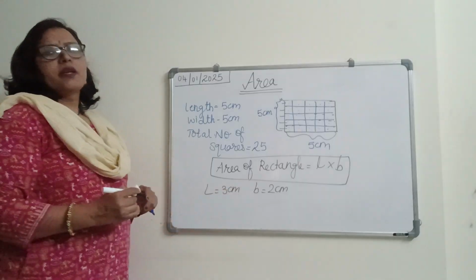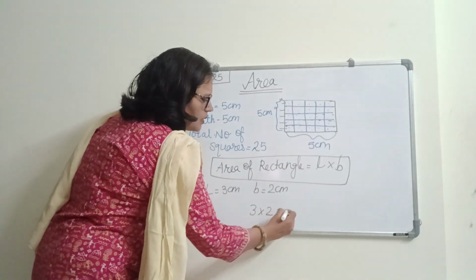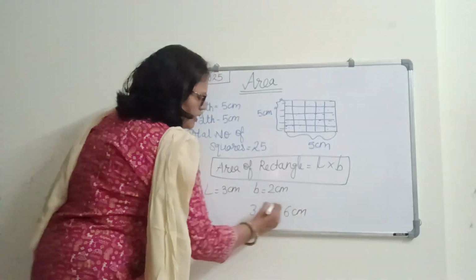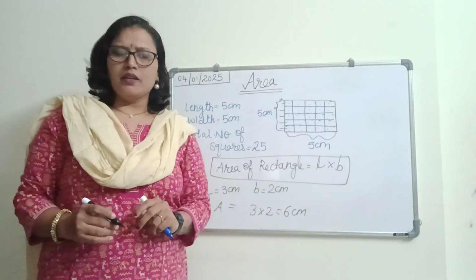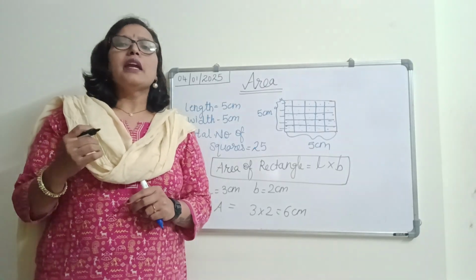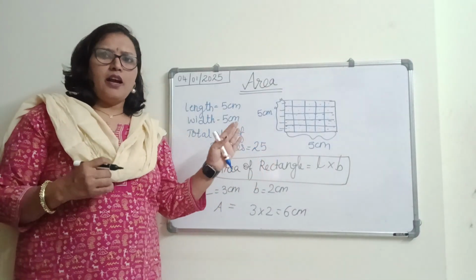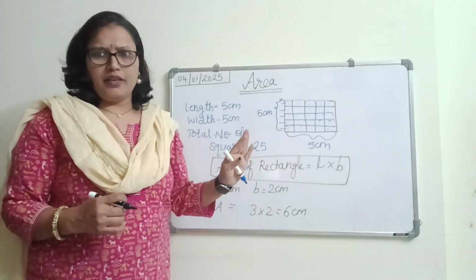What is the area of the rectangle? That is 3 multiplied by 2, equal to 6 square centimeters. So this way we can find the area of any rectangle. Understood till now how to find the area of a rectangle?